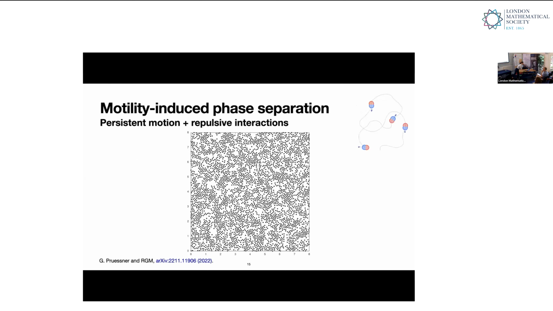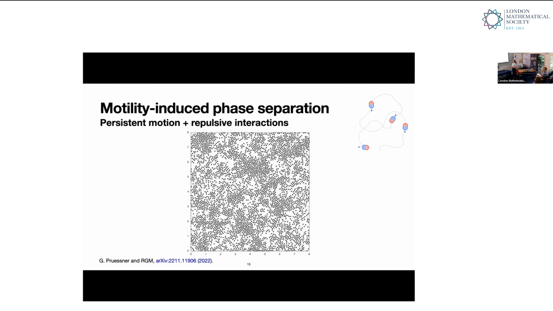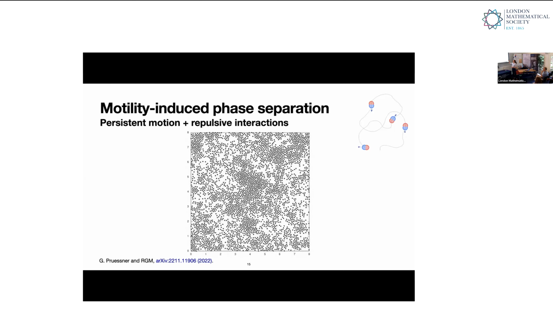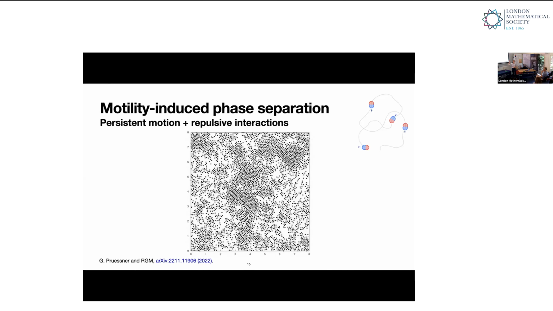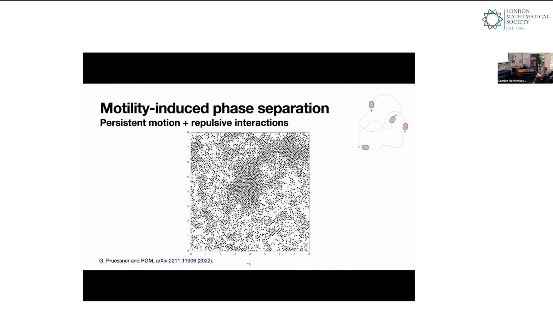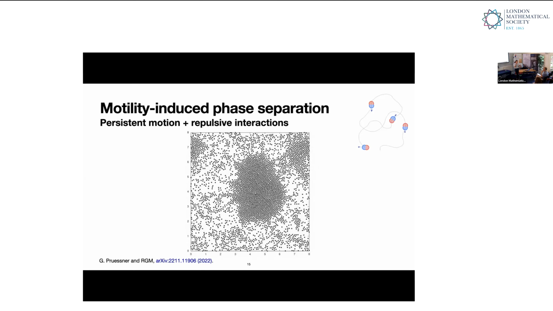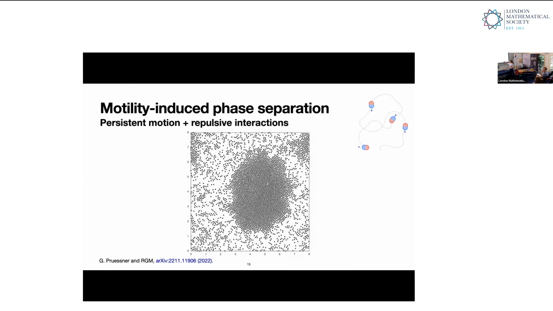I was saying we want to calculate the entropy production of much more complicated systems. Let me talk about motility-induced phase separation. This is a movie where we have many active Brownian particles in a confined space, and they interact with each other repulsively. As they do, they form some kind of clouds.